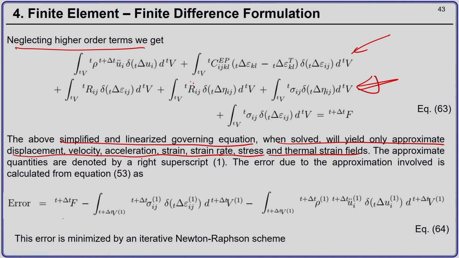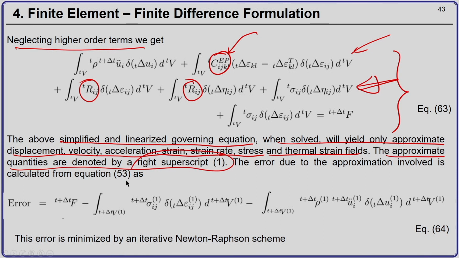This R contains the effect of temperature and strain rate. This Cij KL EP has the effect of hardening, temperature, and strain rate. So everything is inside this equation. If you directly solve it, you will get only an approximate solution which is not accurate. These approximate quantities are denoted by a right superscript 1 here.